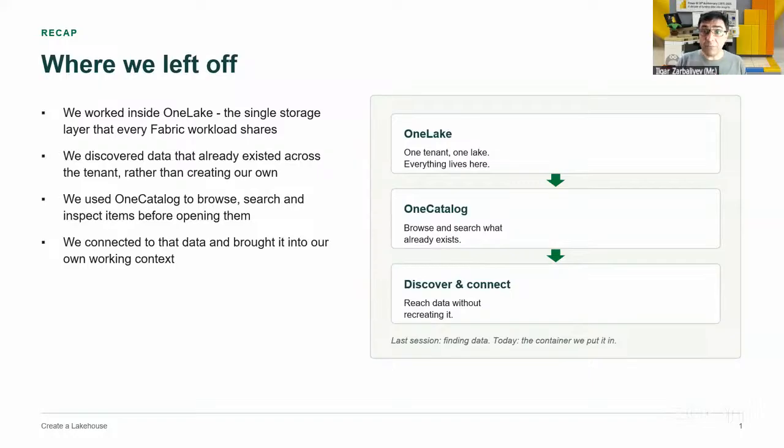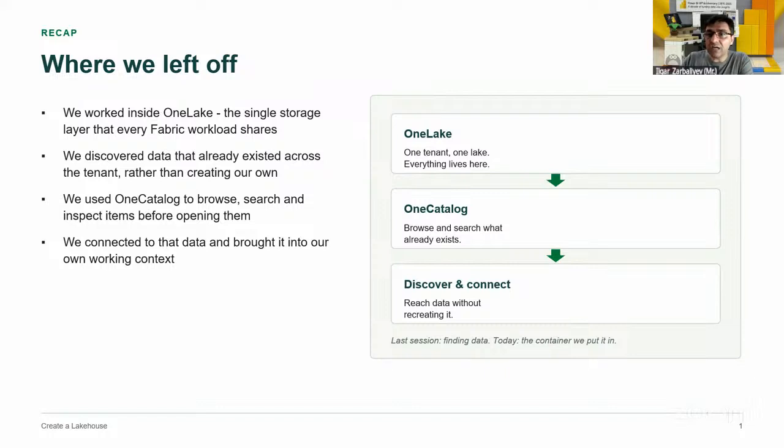Quick recap so that today sits on top of last session rather than beside it. Last time, everything we did happened inside OneLake, and the key idea there was that OneLake is a single storage layer for the entire tenant. One OneLake, not one per team and one per project. Every Fabric workload reads and writes into it.